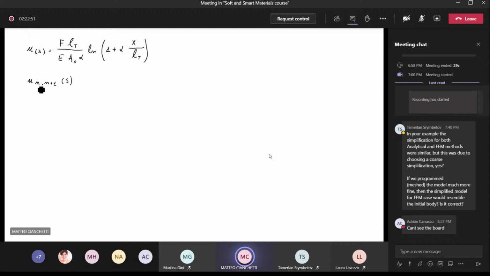This is a generalized description for all the elements.